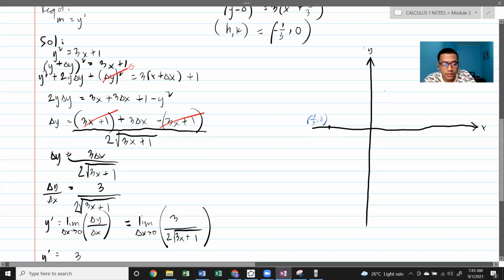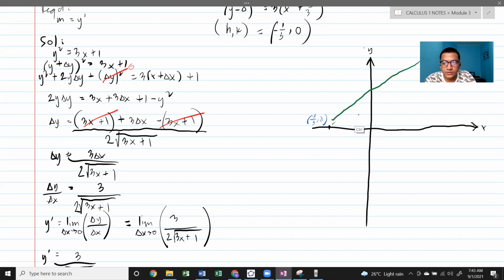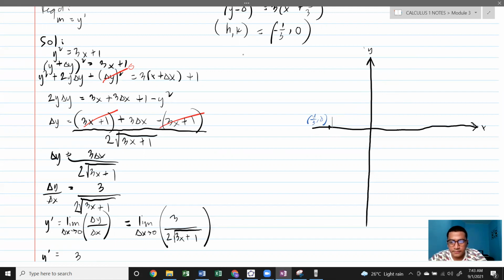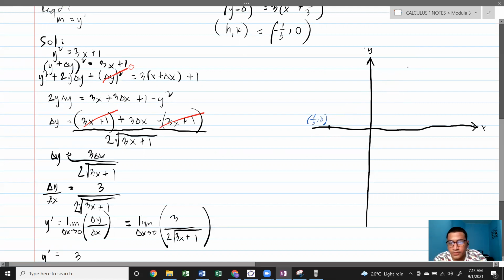So our graph would be like this. So that would be our graph.